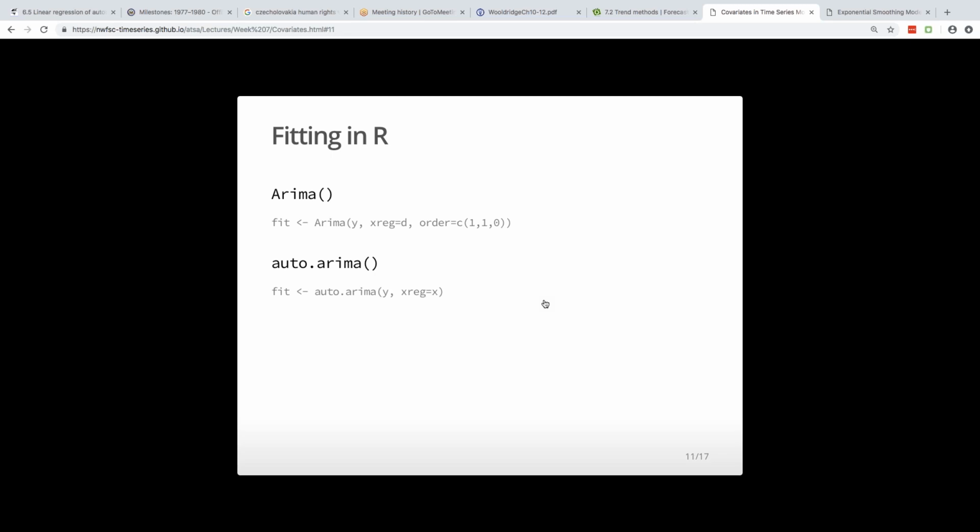Is there a parameter for autocorrelation in the error? Yeah, there is, like the parameter for how autocorrelated they are. Yes, that's what ARIMA is, and that's what this is doing. So this order is for the residuals.